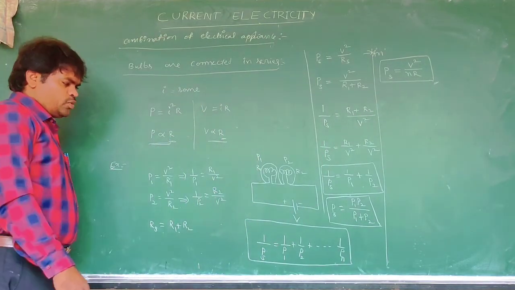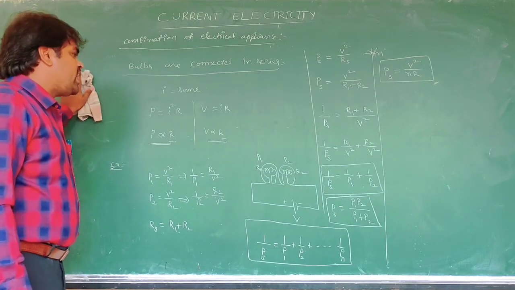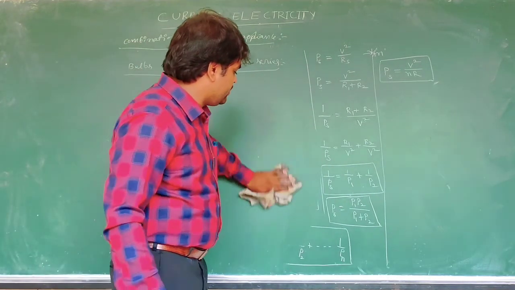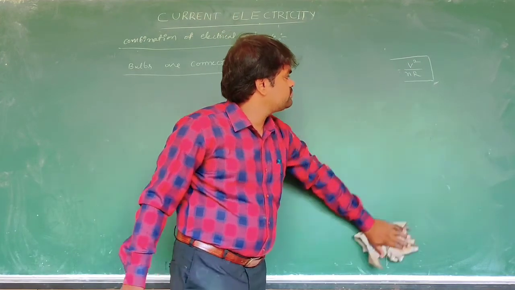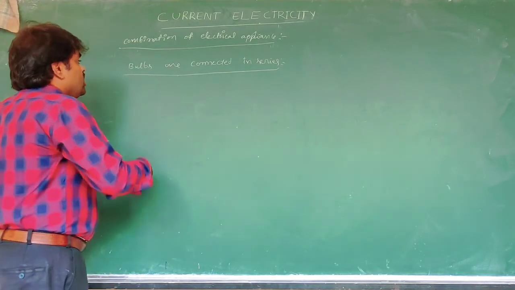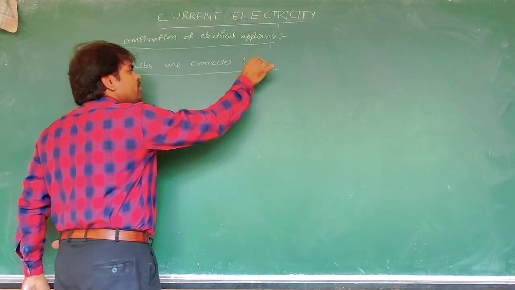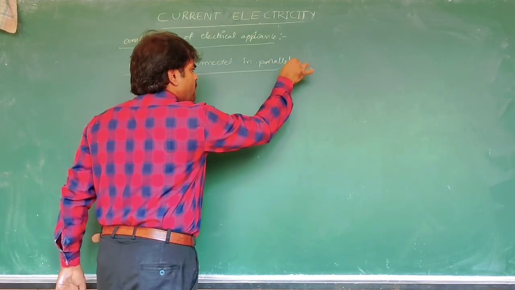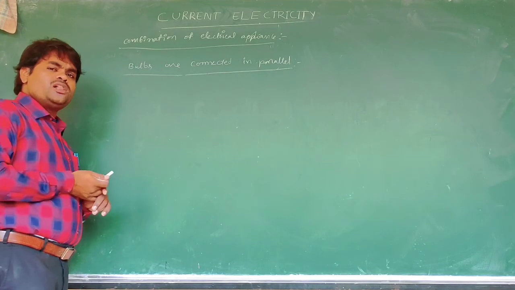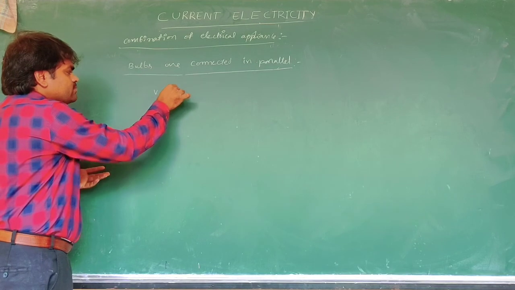This is very important. Now we are going to discuss bulbs or electrical appliances connected in parallel. In the parallel combination, what happens here? You can see that if the electrical appliances or bulbs are connected in parallel, then the potential V is the same.